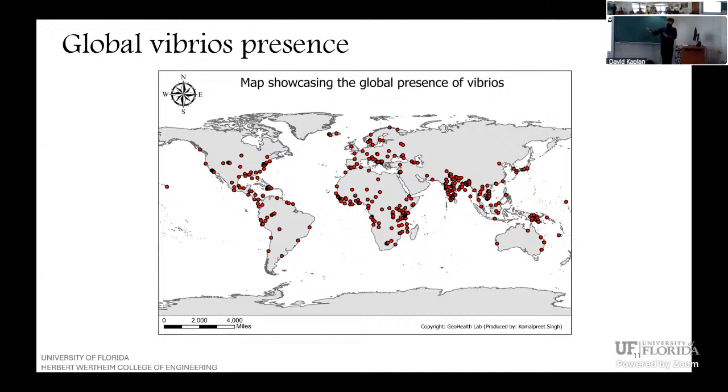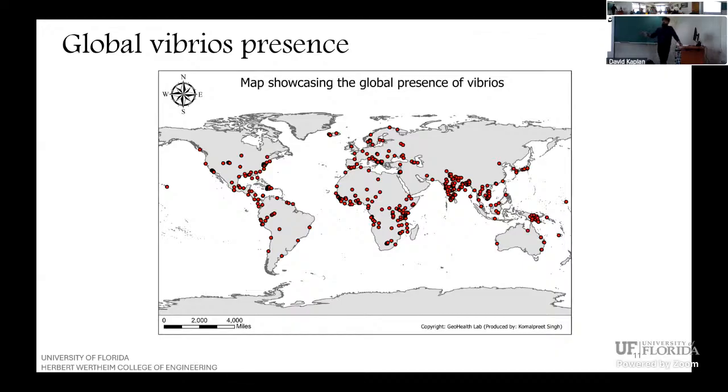Now, this includes Vibrio cholerae, Vibrio vulnificus, parahaemolyticus, mimicus, fluvialis, and alginolyticus, and multiple other species. But we are mostly concerned about Vibrio vulnificus, cholerae, and parahaemolyticus because these are the most dangerous types, with vulnificus claiming the most lives after cholera.